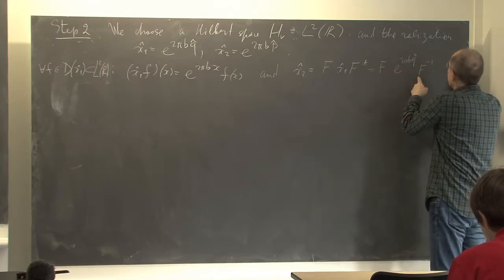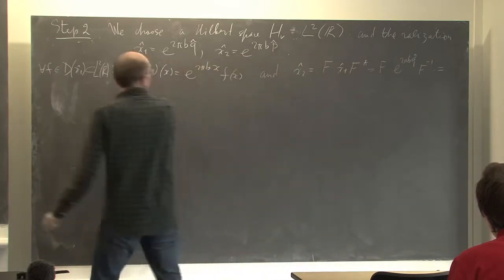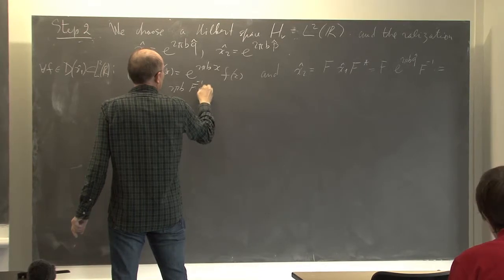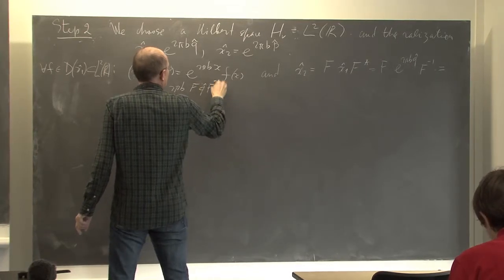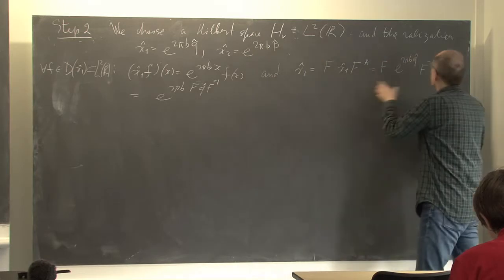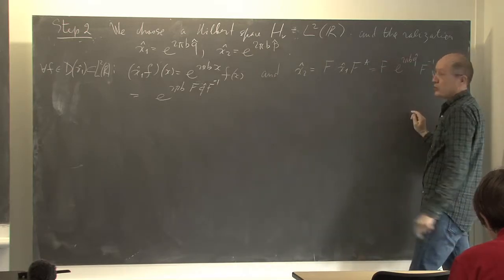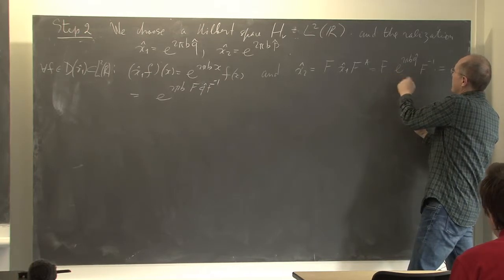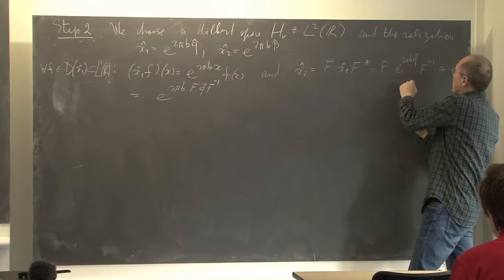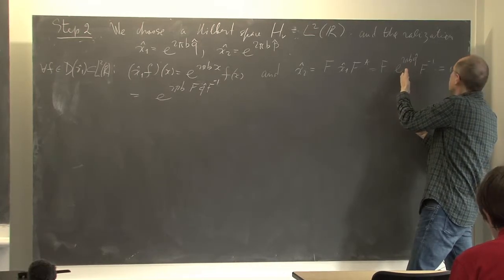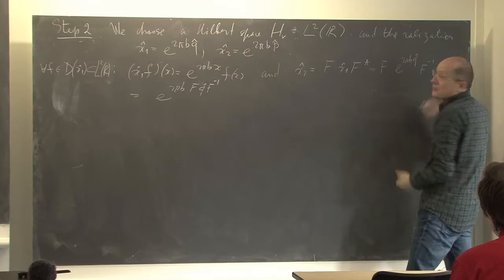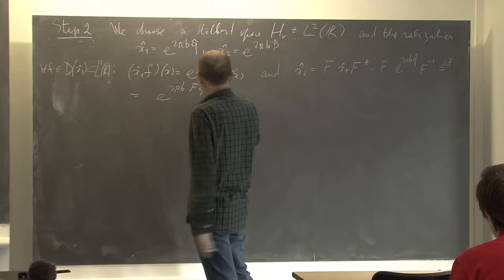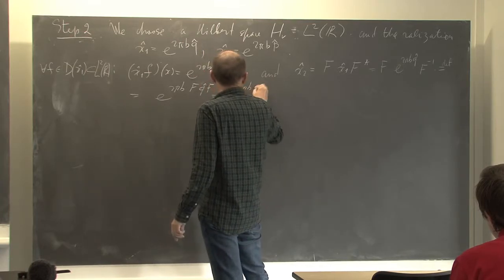Now if we write it this way, we can insert it into the argument like this. On the level of polynomials it's an algebraic exercise, but here this is a definition. We define it like this, and then we use our formula, so we end up with e^{2πbP hat}.